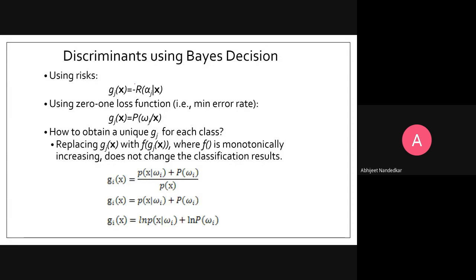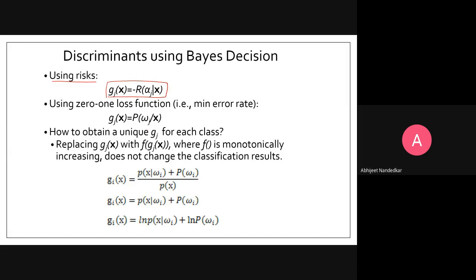Using risk or using the simple Bayes, we can do whatever we want to do, but we have these two ways. So we can use risk as my function. I can use the risk calculation equation as my discriminant function.